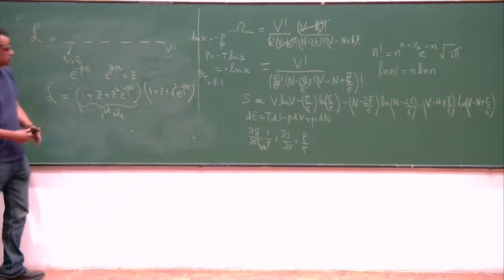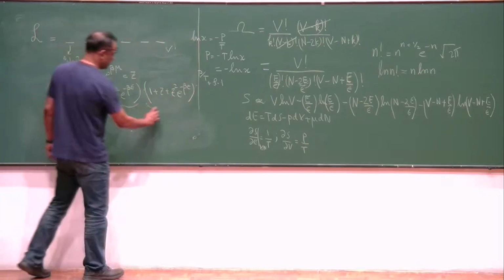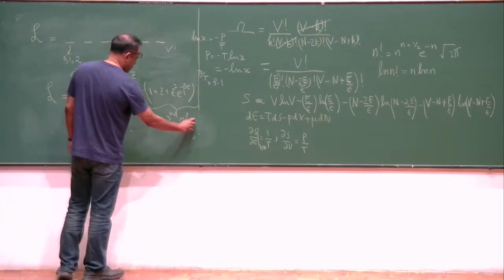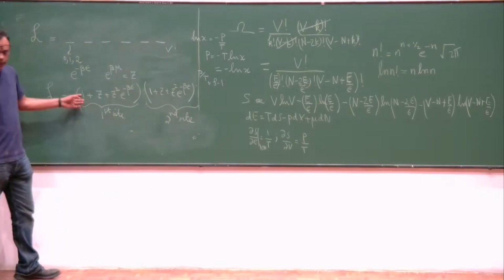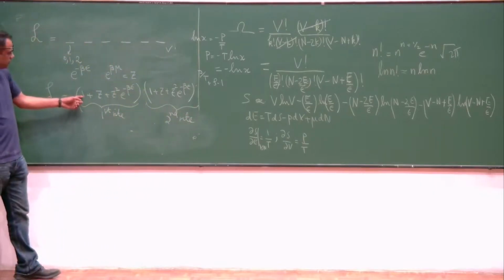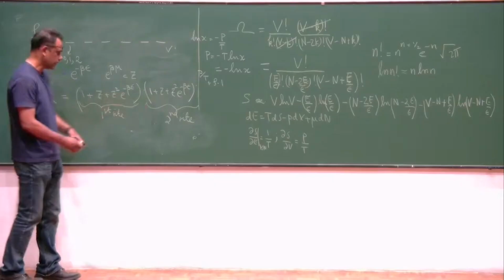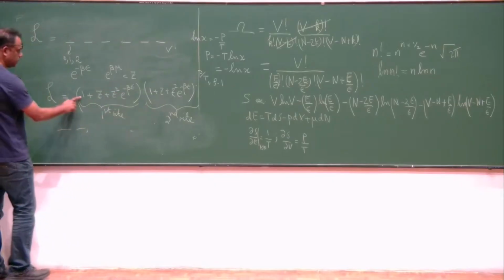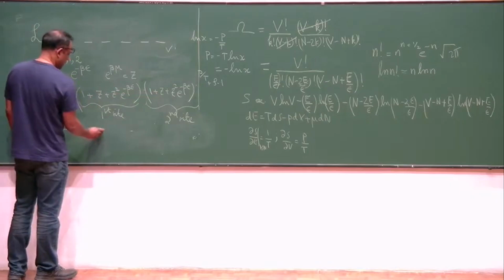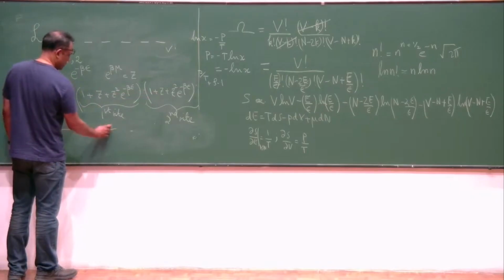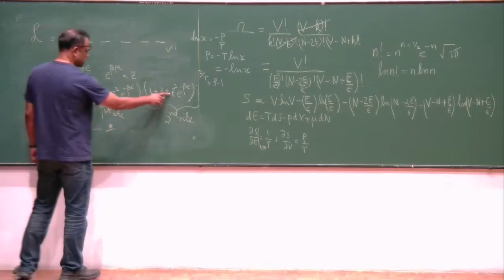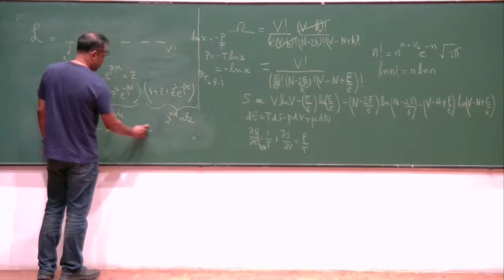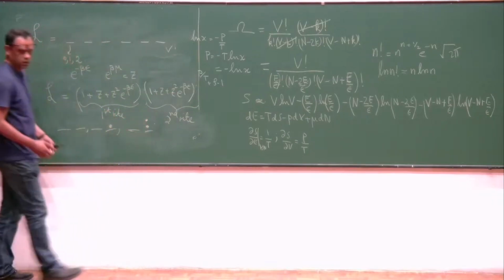Suppose I have just 2 sites. So this is the second site. When I expand, first I get the term 1 times 1, that corresponds to empty, empty. Then I get 1 times Z, that corresponds to empty, 1 particle. Then 1 times Z square e to the minus beta epsilon, that corresponds to 0 particles and 2 particles.